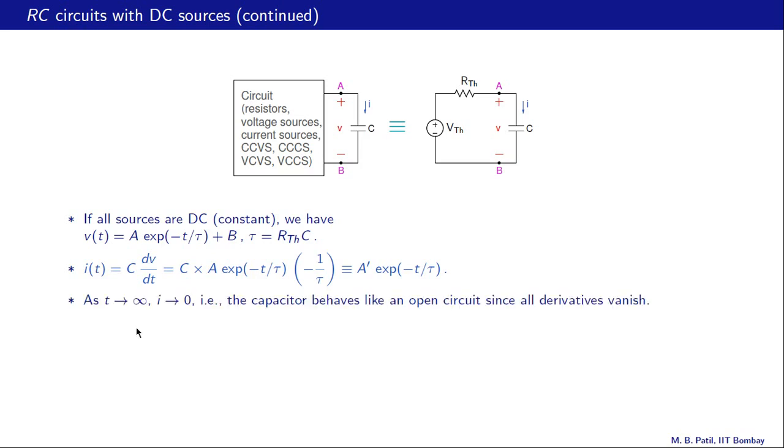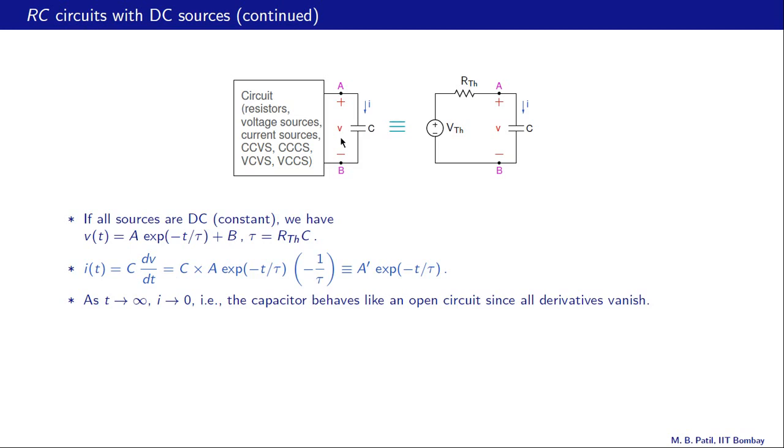One observation that we can make from this equation, I of t equal to a prime e raised to minus t by tau, is the following. As t tends to infinity, this e raised to minus t by tau becomes 0, and therefore the current becomes 0. And this observation also agrees with our intuition, because as t tends to infinity, we reach a steady state, and in steady state all quantities tend to be constant.